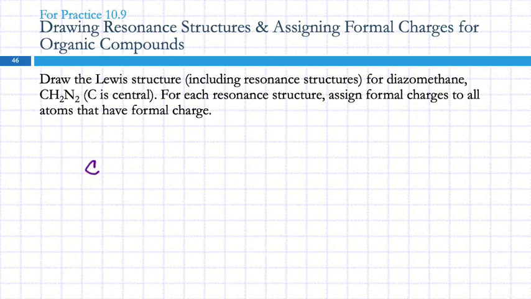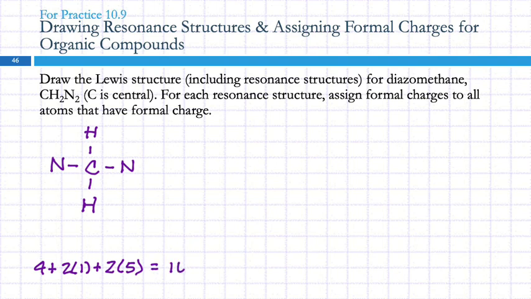So you might say, well, let's do nitrogen. Let's just stick everything on the carbon. There it is in the middle. That looks okay. Carbon has 4 valence electrons, 2 hydrogens each have 1, and 2 nitrogens each have 5. So that's 10, 12, 16.